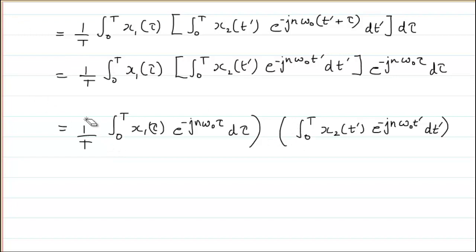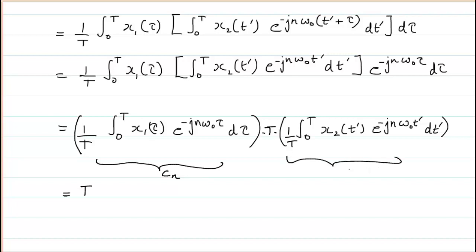So one of the things that I have to do is take this 1 by T inside the bracket. And here I have to put a 1 by T, so I will multiply it with T so that it cancels out and the equation remains the same. So for 1 by T I have multiplied it with T, and now this T I will write in the front, and what remains is this function, which is basically the Fourier series of x1 of t, which we know is Cn, and this function which is the Fourier series of x2 of t, which is dn.